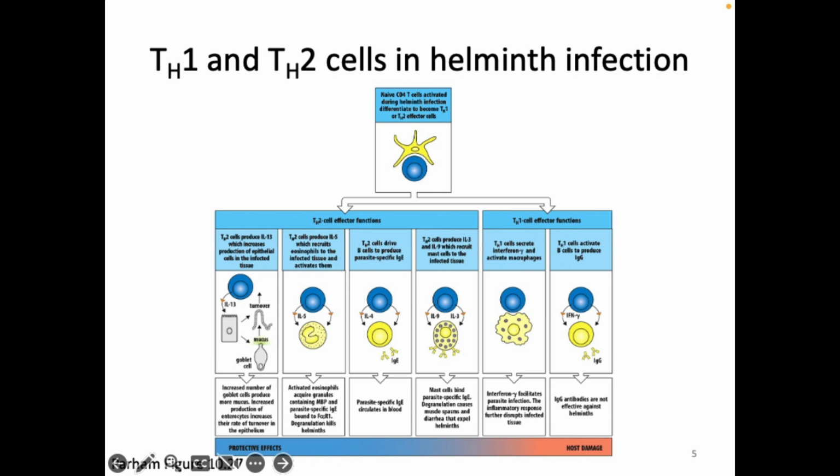But if someone were to make a Th1 response, that Th1 response would not be helpful against the helminth, so it would not actually do anything about that microbe, and it would instead cause some host damage. And so it's in fact quite important that we are correctly making the Th2 response and making the balanced response here to deal with this infection.